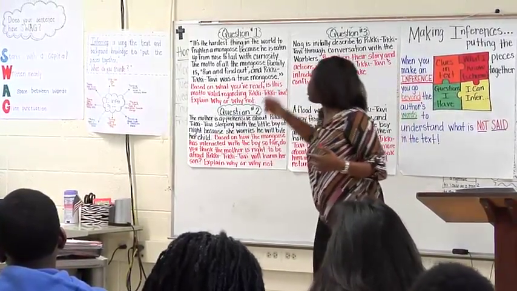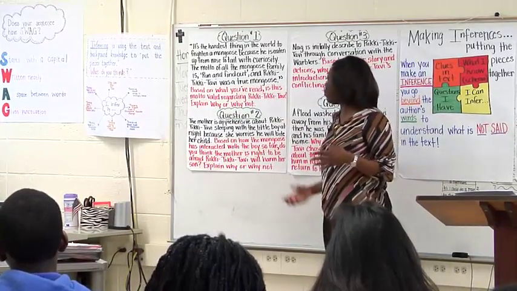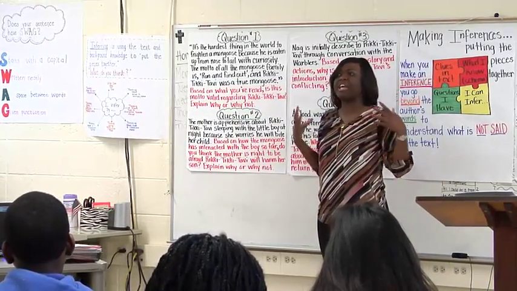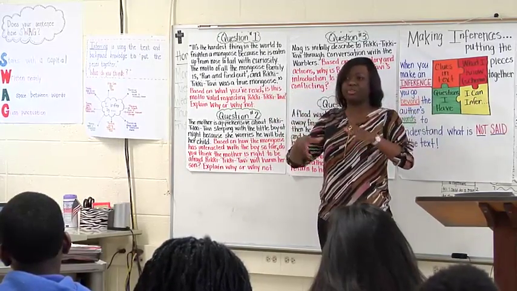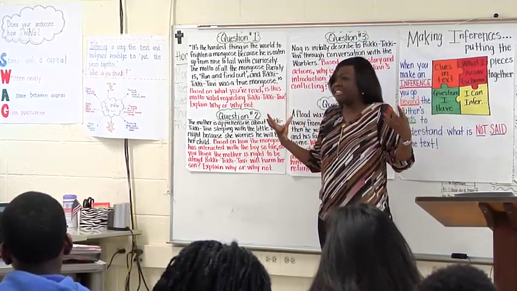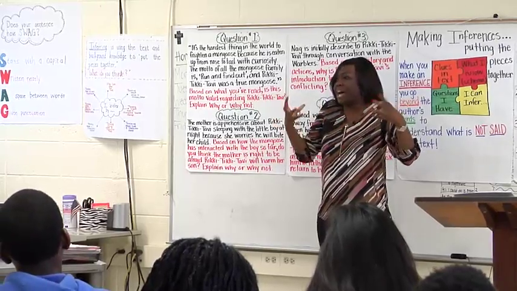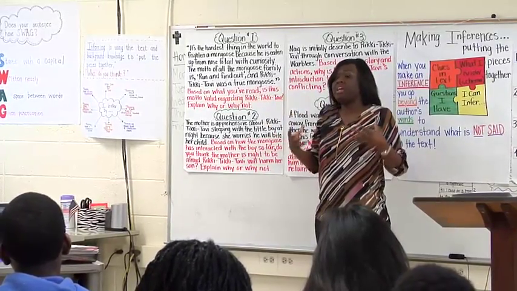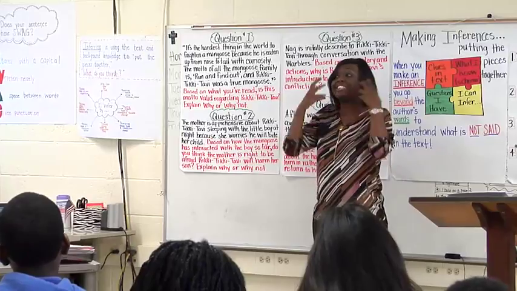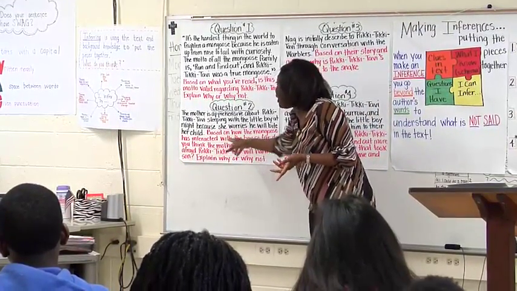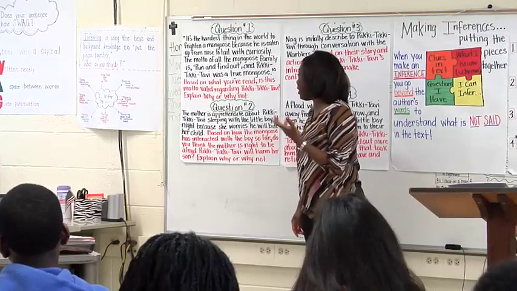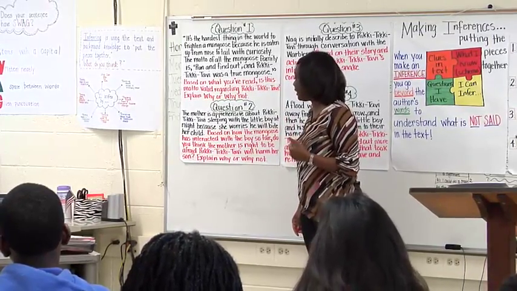So based on how the mongoose has interacted with the boy so far, think about from the text, how did he interact with the little boy? What did he do to the little boy? Was he mean to the little boy? Was he trying to bite him or do anything to him? No. Think about what you know from the text and then your own thoughts, and tell me, do you think the mother is right to be afraid that Rikki-Tikki-Tavi will harm her son?